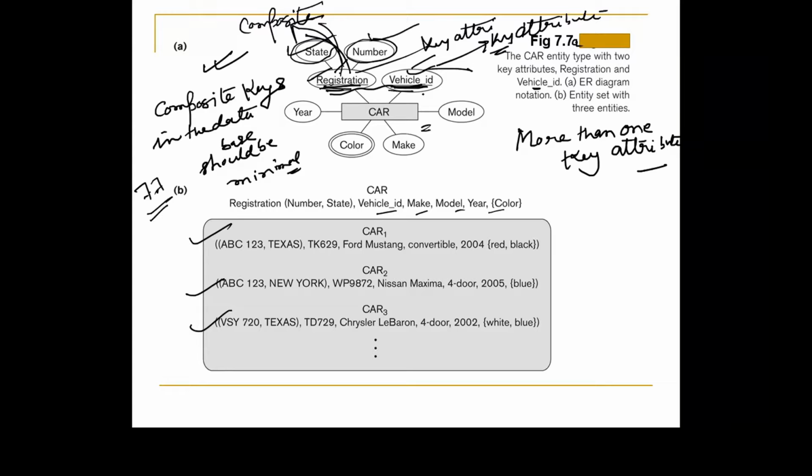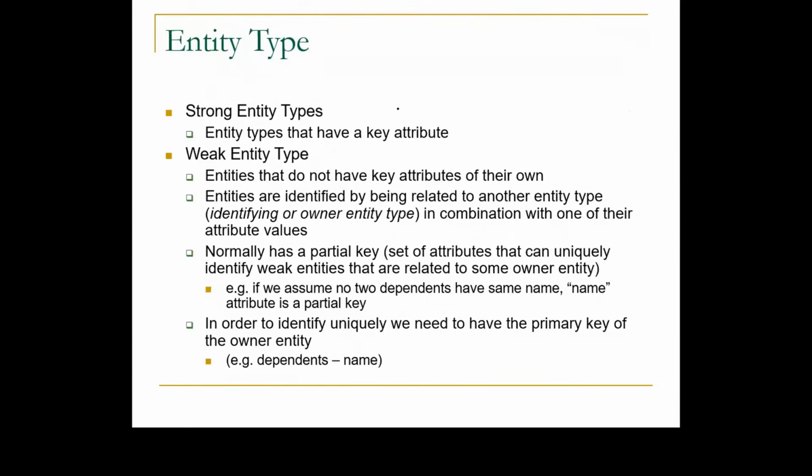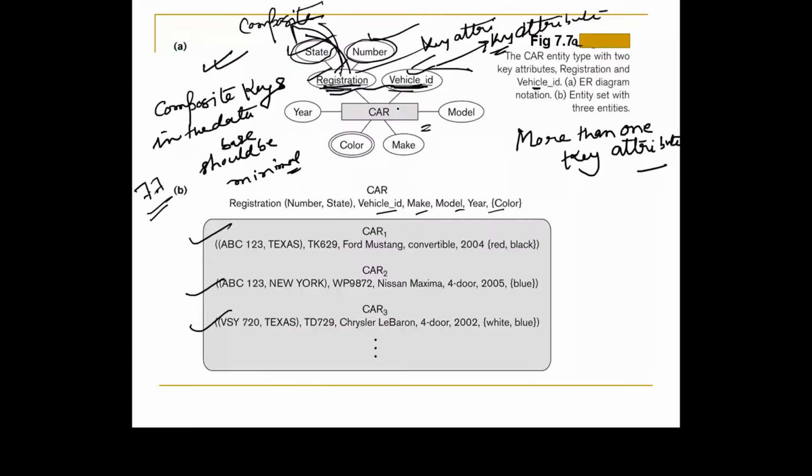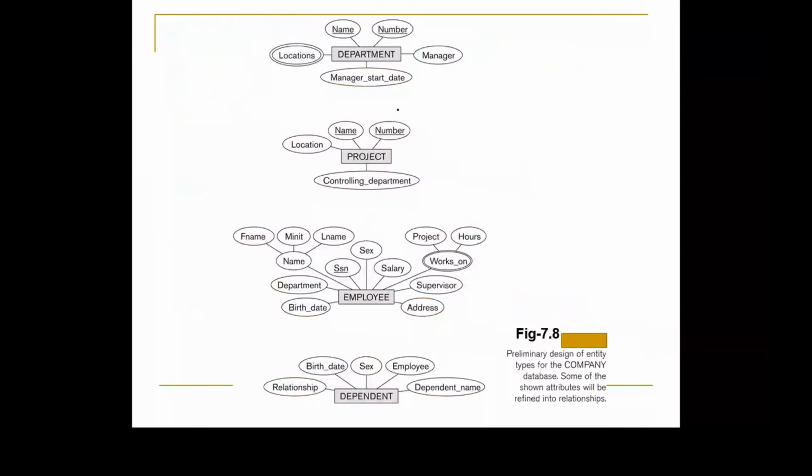State and number. Okay. Sometimes what happens is that some entity type might not have any key. Such, in this diagram you can see that dependent is not having any key.